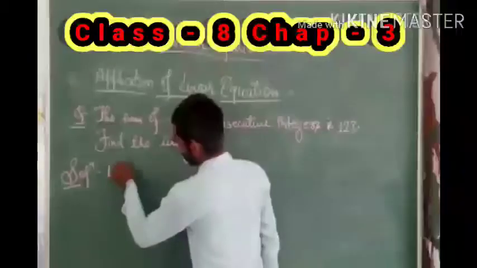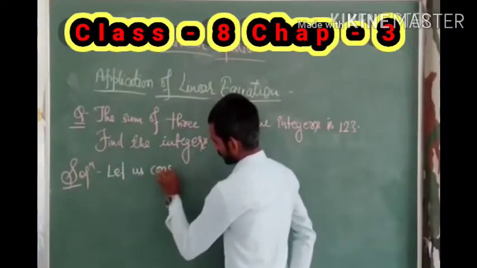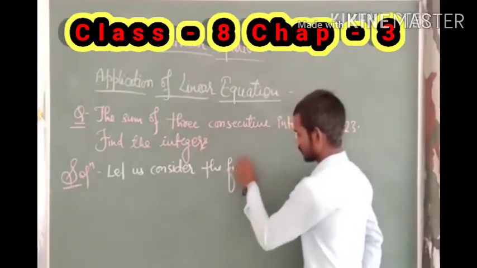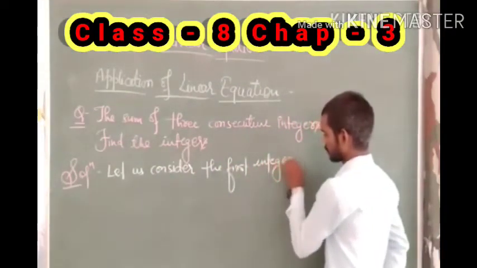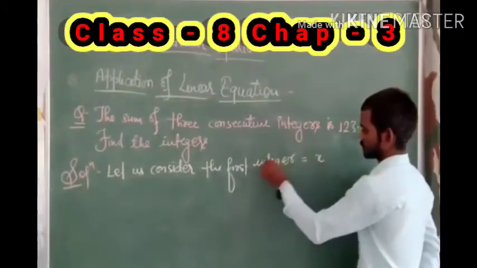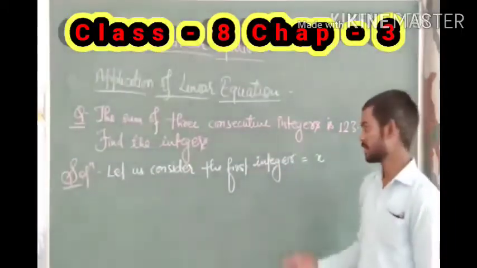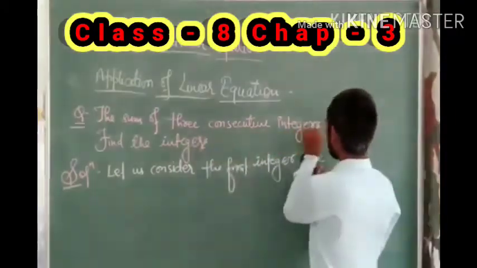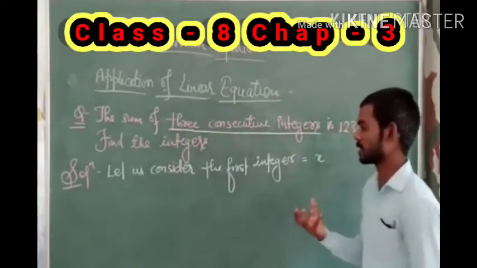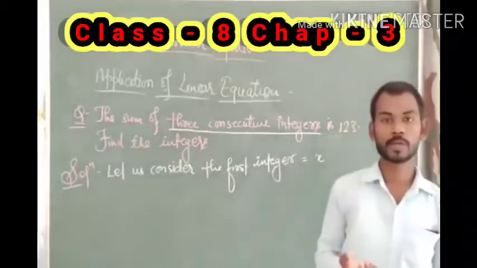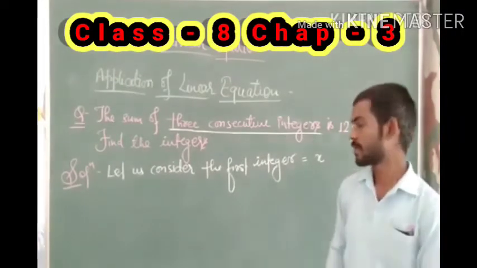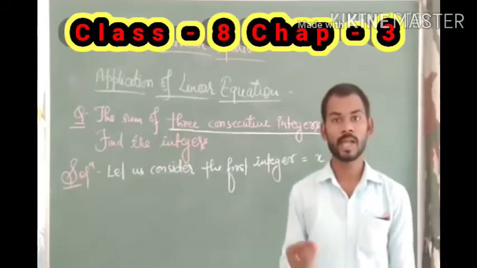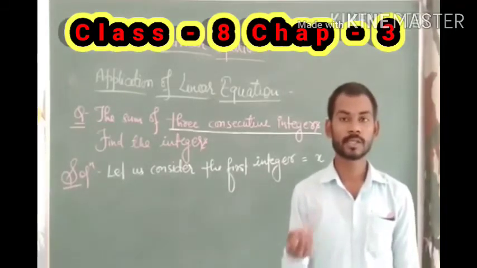First, let us consider the first integer is equal to x. The first integer is x. If the first integer is x and the problem is three consecutive integers, consecutive means the numbers which come one after another, like 1, and the number that comes after 1 is 2, and the number that comes after 2 is 3.